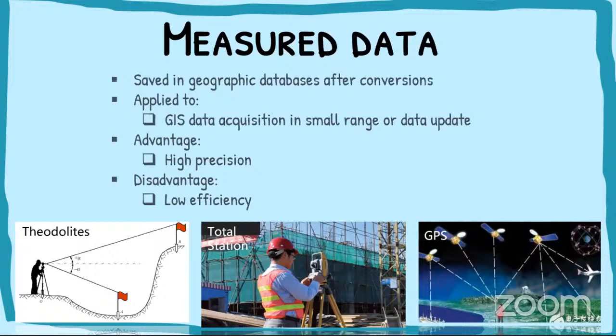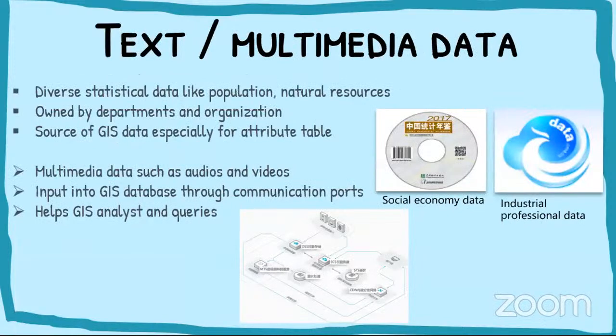Usually, measured data has high precision, which is its advantage, but it gives you low efficiency for the data that you have acquired. The measured data that you can acquire is from the GPS or the station and to the lab.